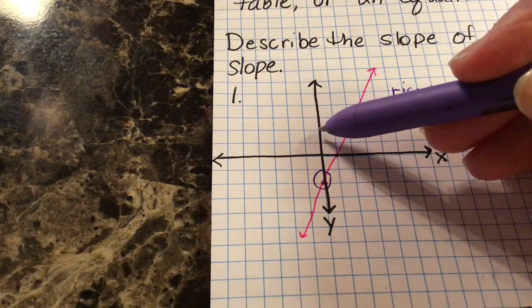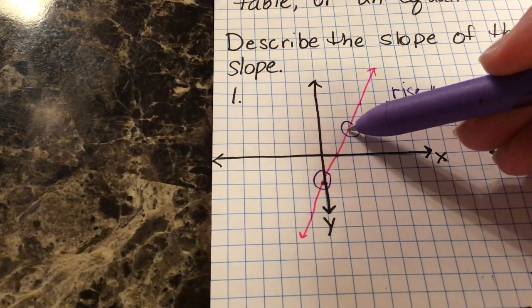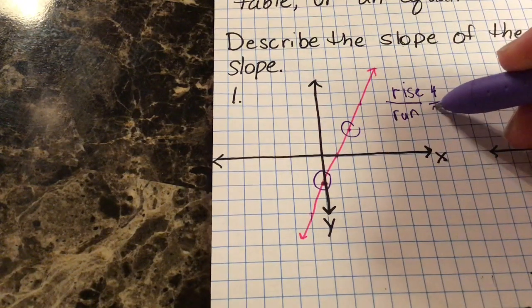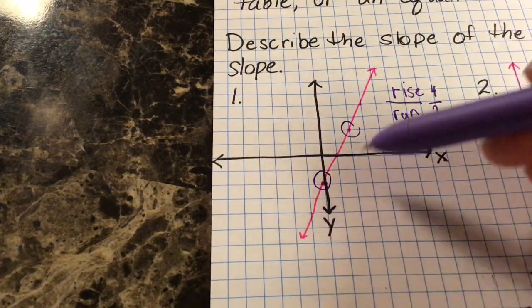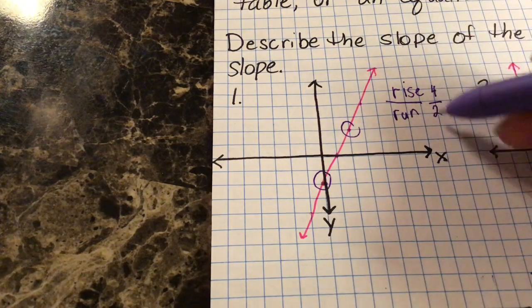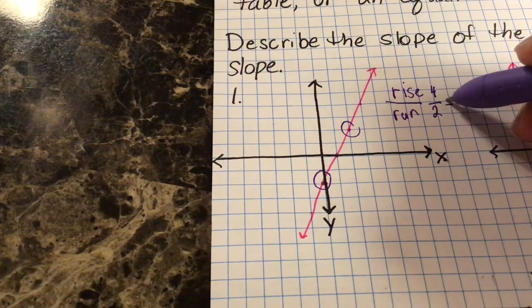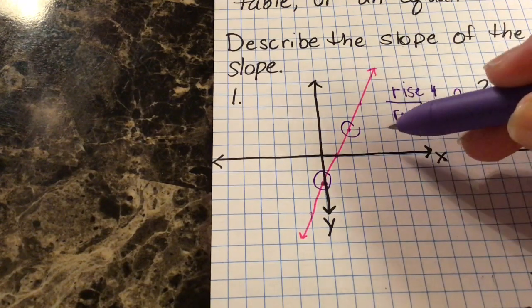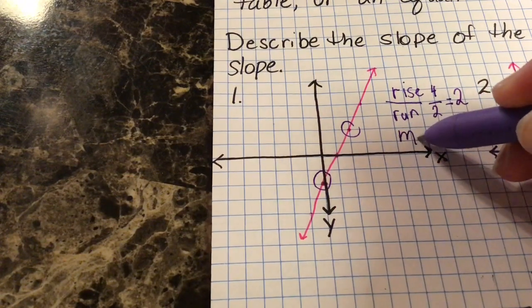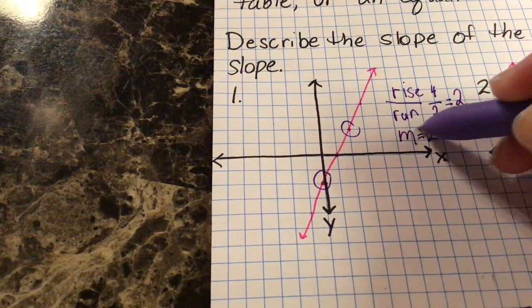So it takes me 1, 2 positive units to run to that point. So this line here, if you notice, it rises to the right. It has a slope of, and you'll reduce these, 4 over 2 reduces to 2. So the slope of this line, represented usually by the letter m, the slope is 2.